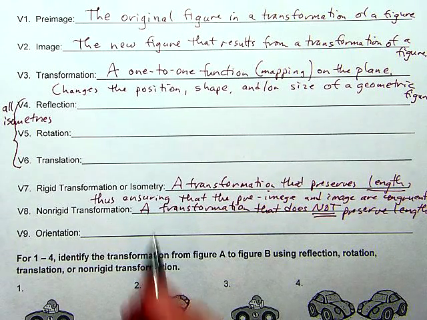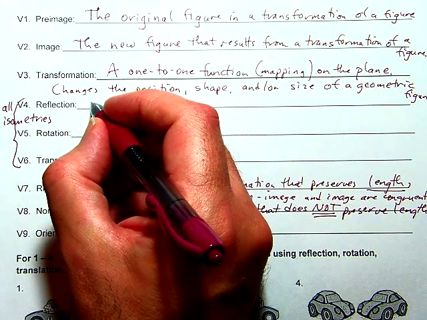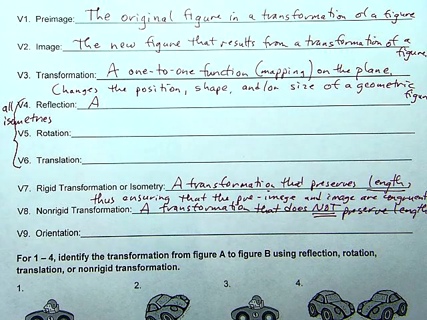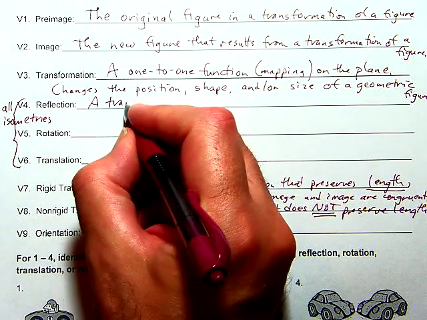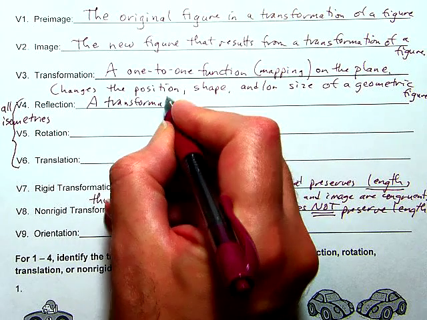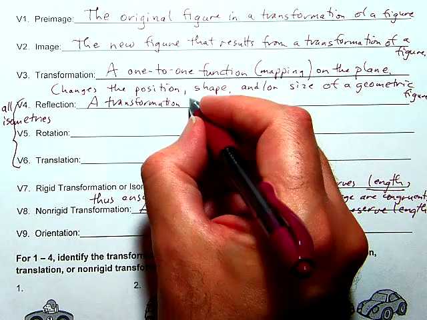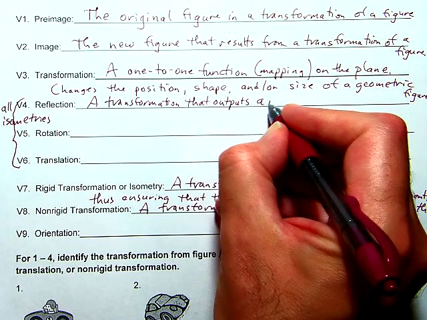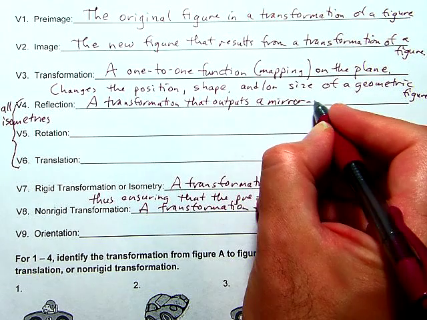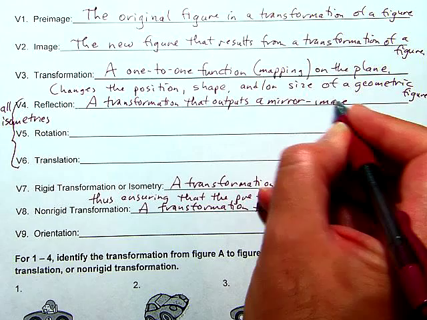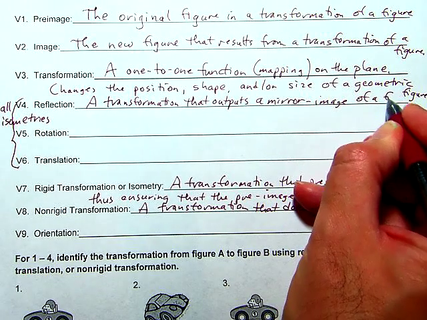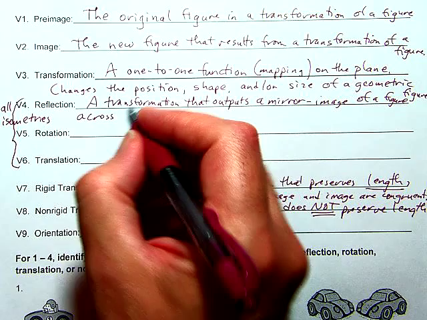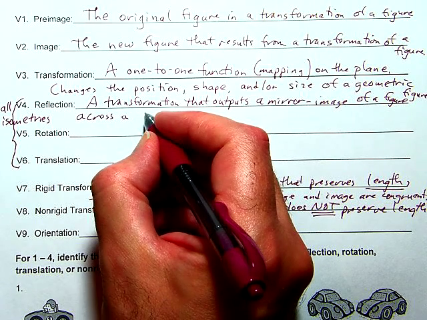Okay, so a reflection. Reflection is a transformation that outputs a mirror image of a figure across a line of reflection.